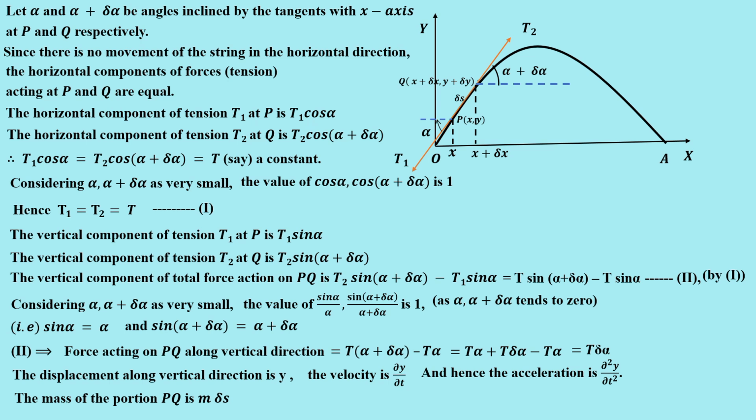The mass of the small portion PQ is m into del s. As per Newton's law, force is equal to mass into acceleration. So T del alpha is equal to m del s dou square y by dou t square. So dou square y by dou t square is equal to T del alpha by m del s, that is T by m times del alpha by del s.